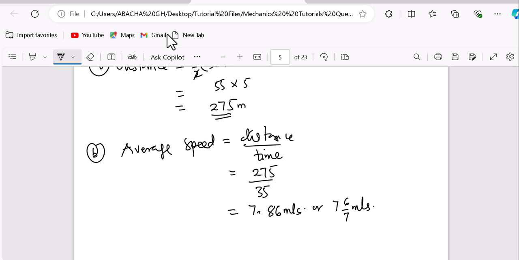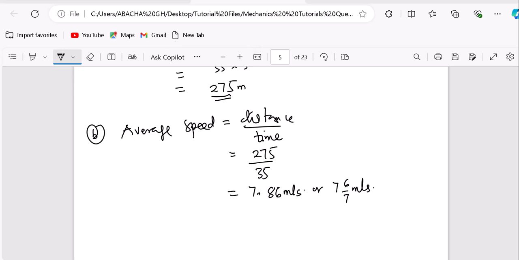So we can leave it this way and our answer is still valid.